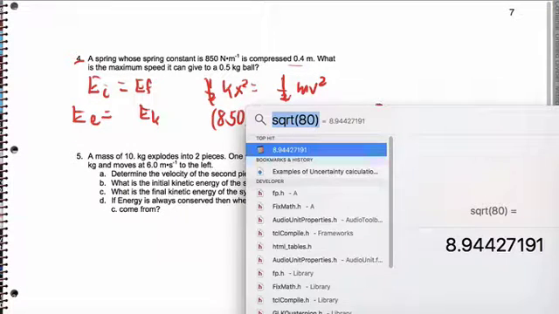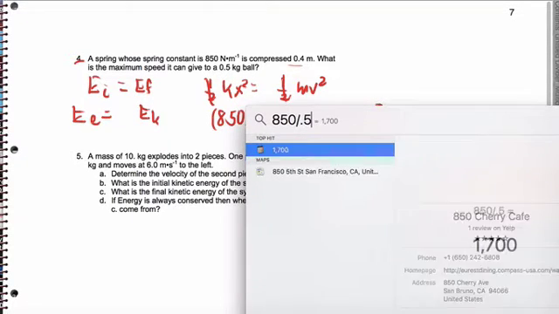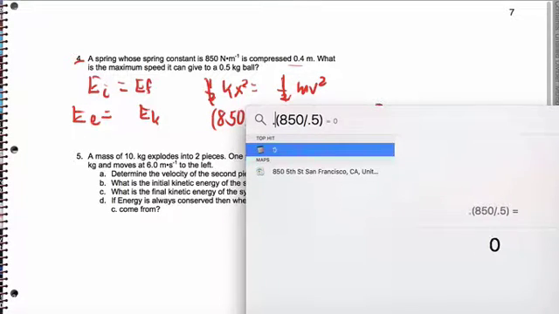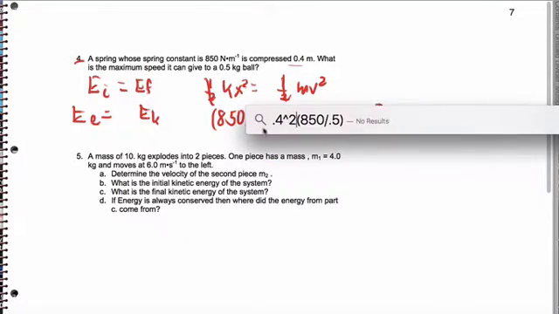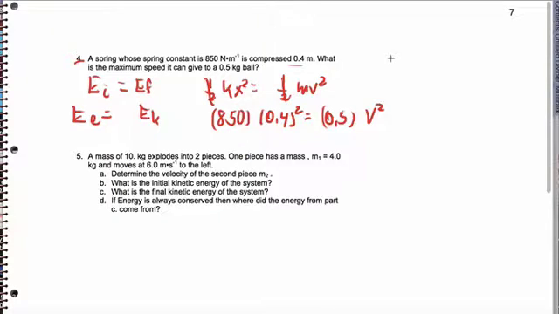So we'll go ahead and simplify all that. So 850 divided by 0.5 times 0.4 squared. And then we'll take the square root of this little dude. So our answer works out to about 16.5 meters per second.